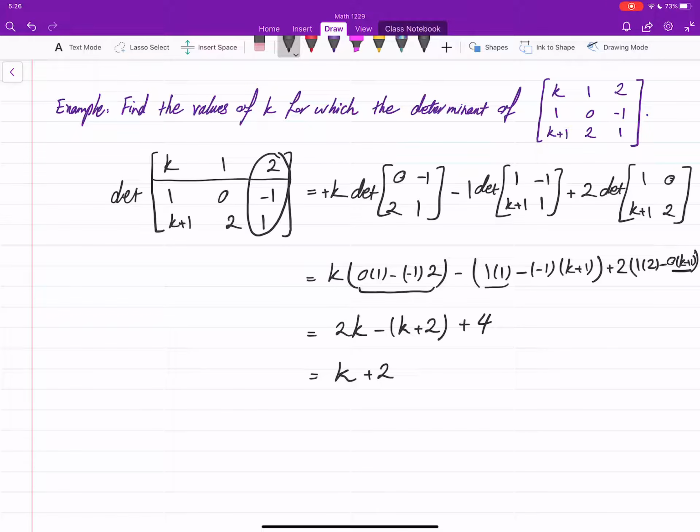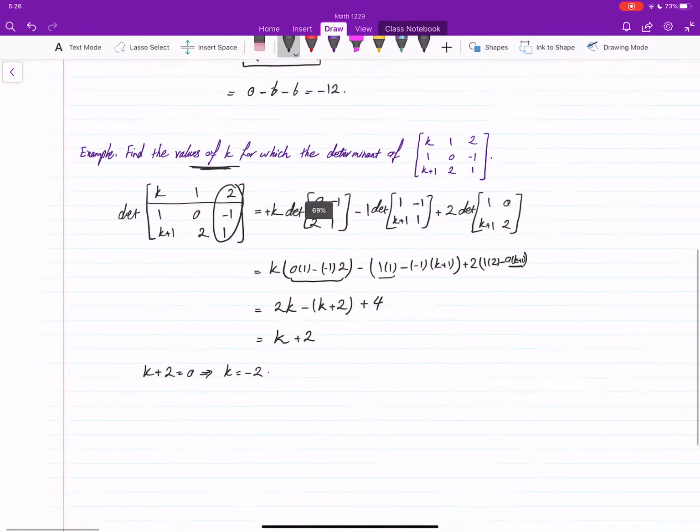The question says for what values of k the determinant of this matrix is 0. That means k plus 2 equal to 0 needs to be solved. So when k is negative 2, the determinant of this matrix is going to be equal to 0.